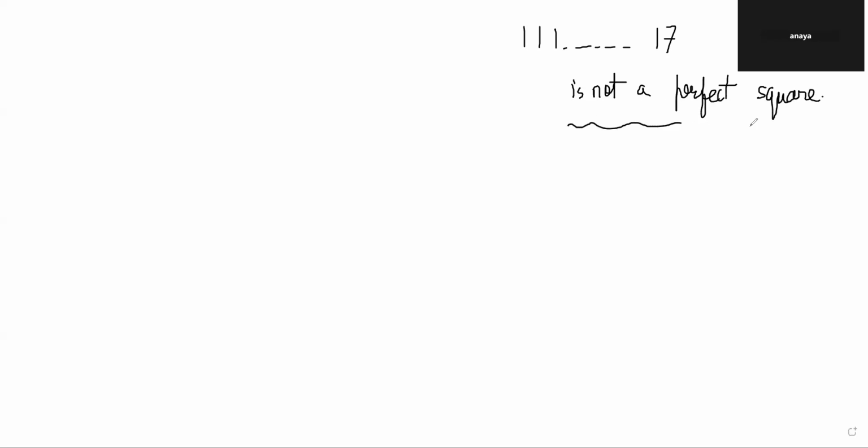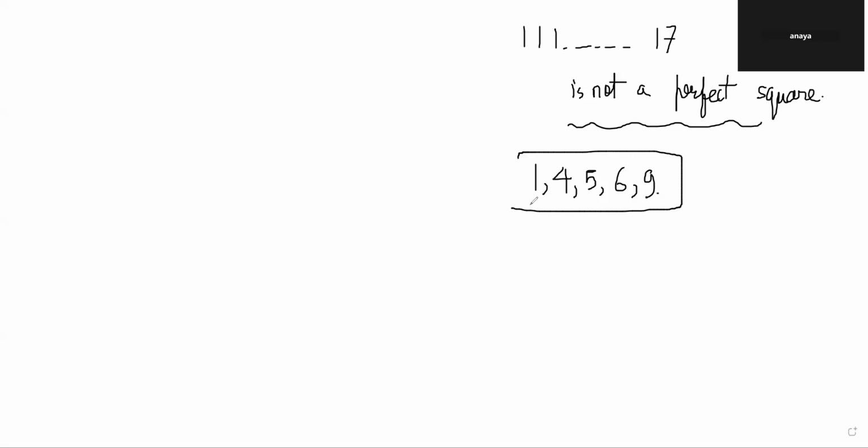And we saw there that if you take any perfect square, the last digit can be 1, 4, 5, 6, or 9. This is the last digit of a square.